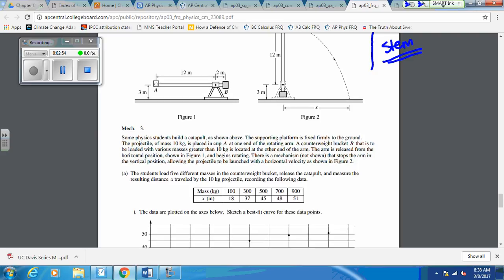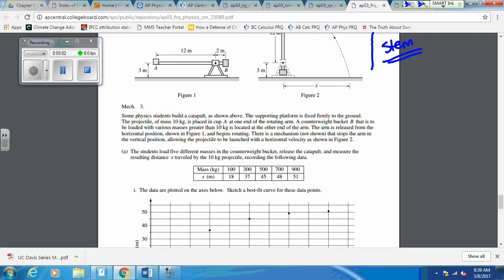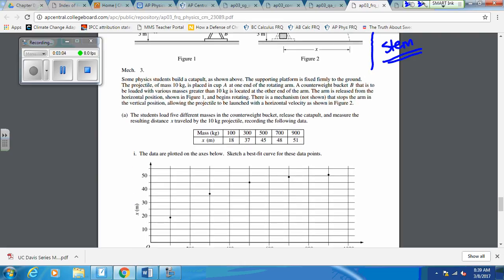Then we have the supporting platform is fixed firmly to the ground. So you don't have to worry about it moving at all. Yes, that's exactly right. You may assume, therefore, that there is not going to be any recoil in this. And so that immediately allows us to scratch conservation of momentum type approaches off our list of potential ways to do this.